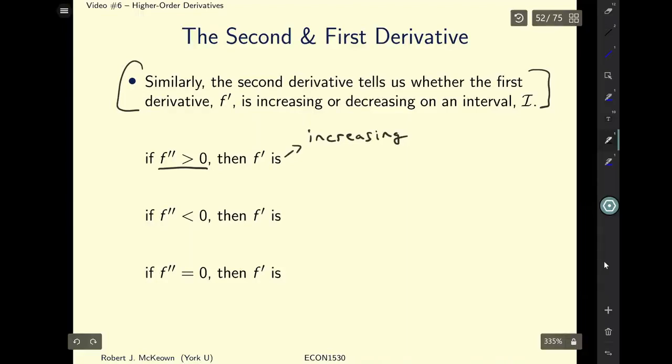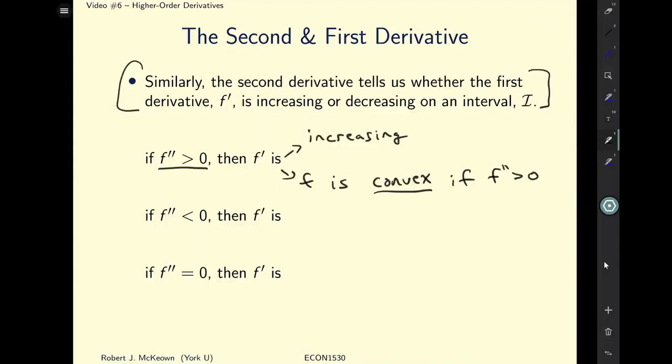The rate of change is positive, so f prime is getting bigger, and f is convex if f double prime is greater than 0. We call it convex. If the second derivative is greater than or equal to 0, we say that it is convex.